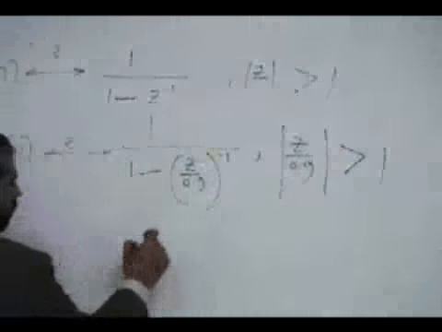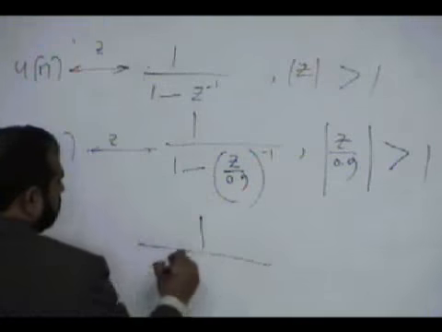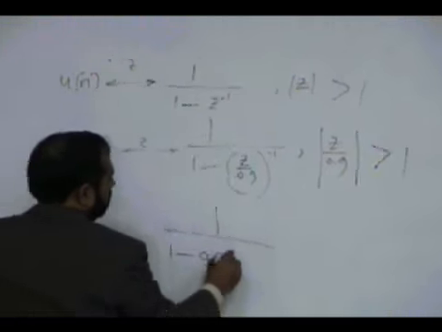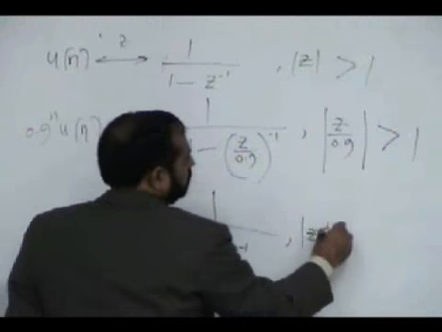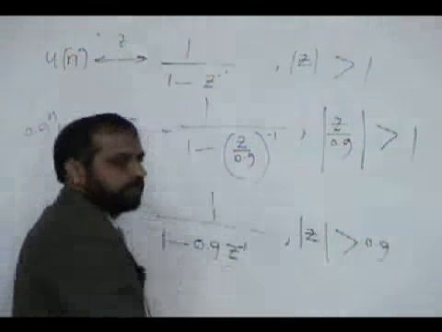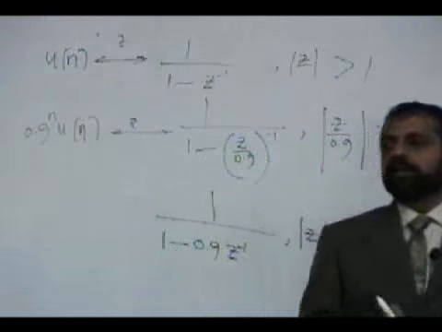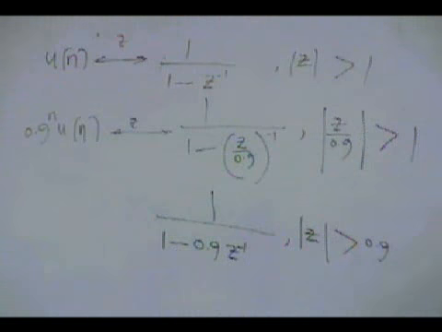So the 0.9 comes out: 1 minus 0.9 z inverse, with magnitude of z greater than 0.9. So it's another way of doing this: multiplication by an exponential is the same Z transform, but z is replaced by z over r or a in that expression.